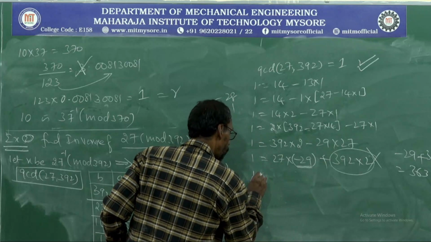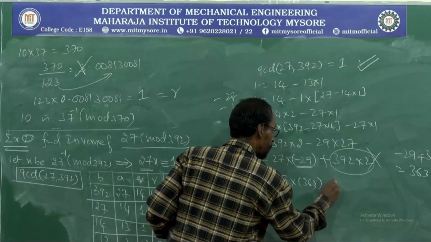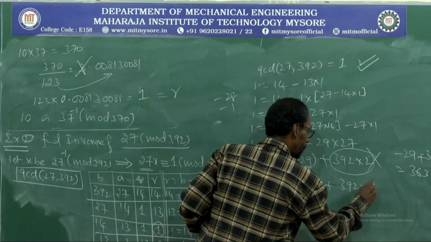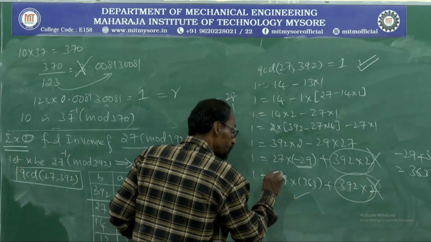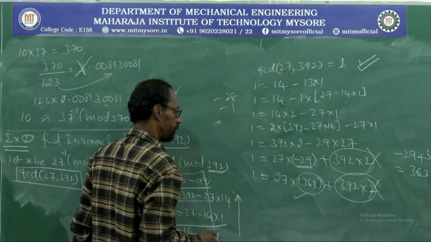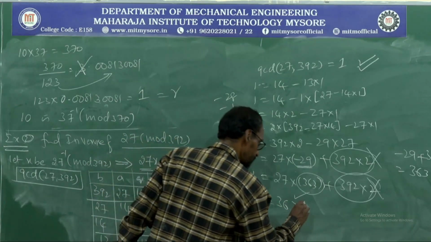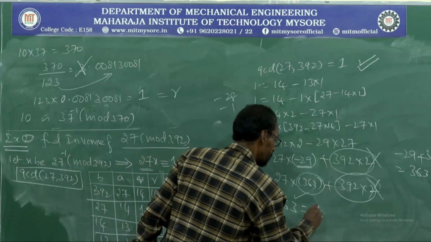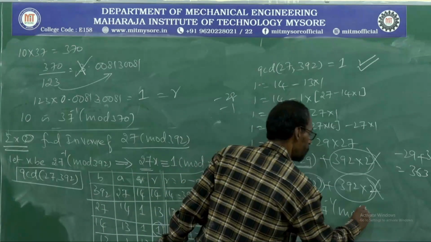So we can write 1 equal to 27 times 363 plus 392 times 2. We don't want this, we want this. 27 we already know. This is the value you are expecting. Therefore, your x can be taken as 363, which is going to be 27 inverse under modulo 392.